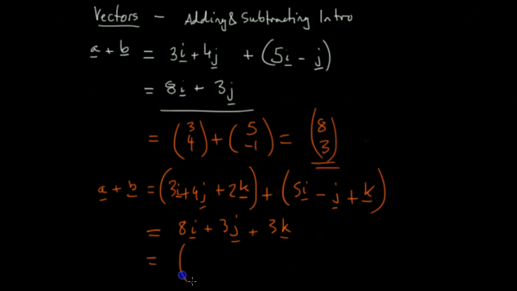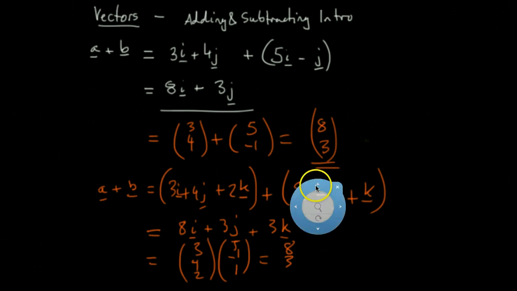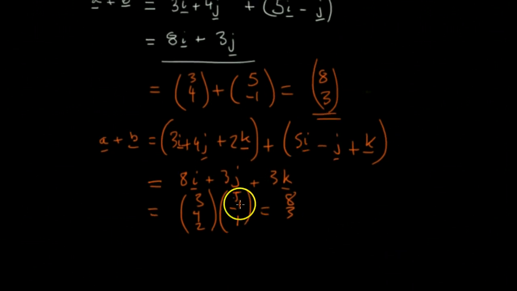But if you do it in column, you just do 3, 4, 2, plus 5, minus 1, 0. Sorry, not 0. We said in the end that this was going to be 1. Equals 8. 4 minus 1 is 3. And 2 plus 1 is 3.